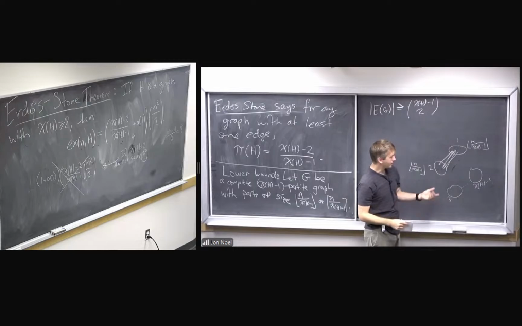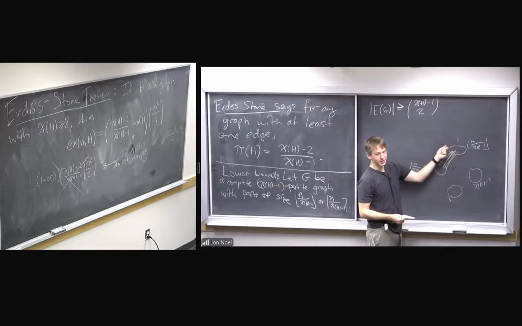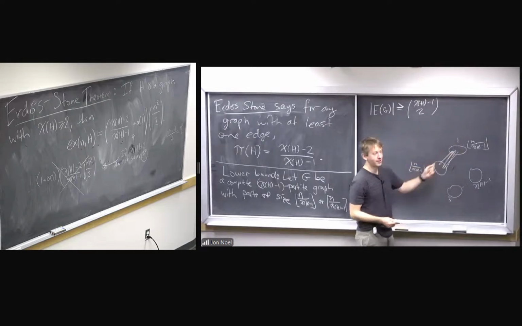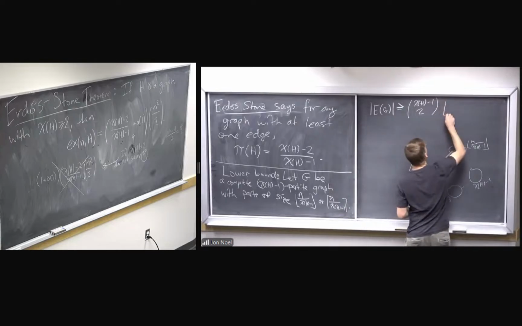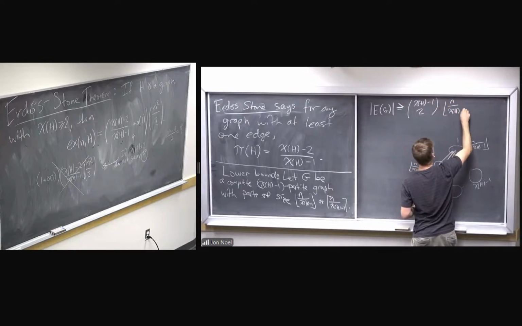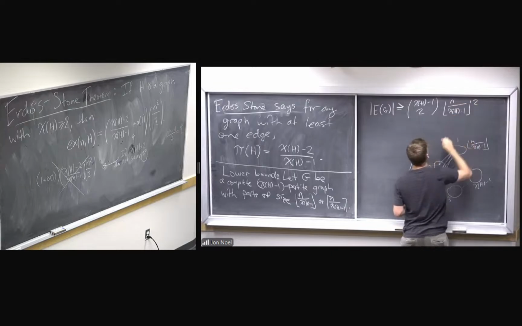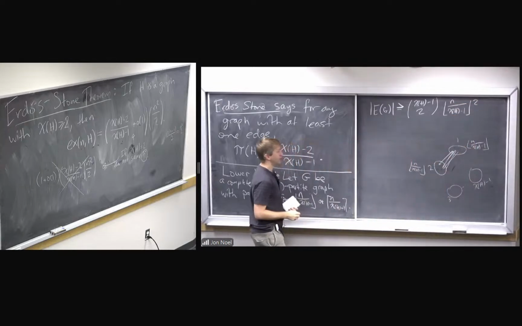So the number of edges is equal to the number of ways to pick a vertex here and a vertex here, which is just the size of that times the size of that. So we've got that.